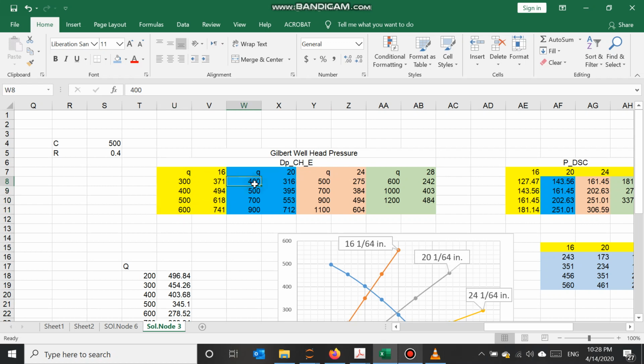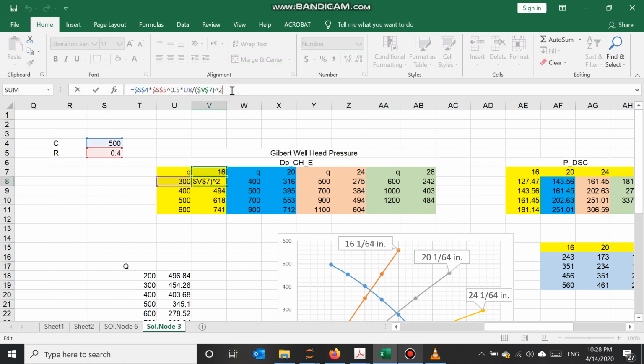If you remember what I said, for a larger bean size you shift to a higher range of the flow rate. So instead of starting from 300, we start at 400 and end at 900. The same thing here: we start from 500 and end at 1,100. Here we start from 600 and end at 1,200. But the point is, we use Gilbert to get the pressure drop.